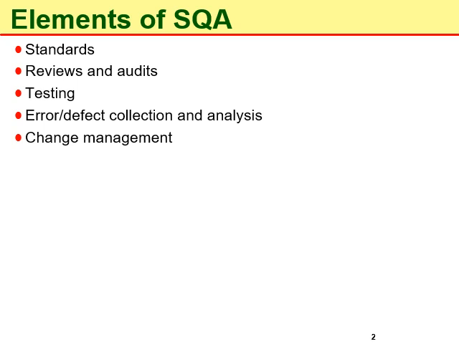Then the next element is change management. This is one of the most important elements of software quality assurance, and this deals with defining a standardized or well-managed procedure in any organization to deal with change requests.